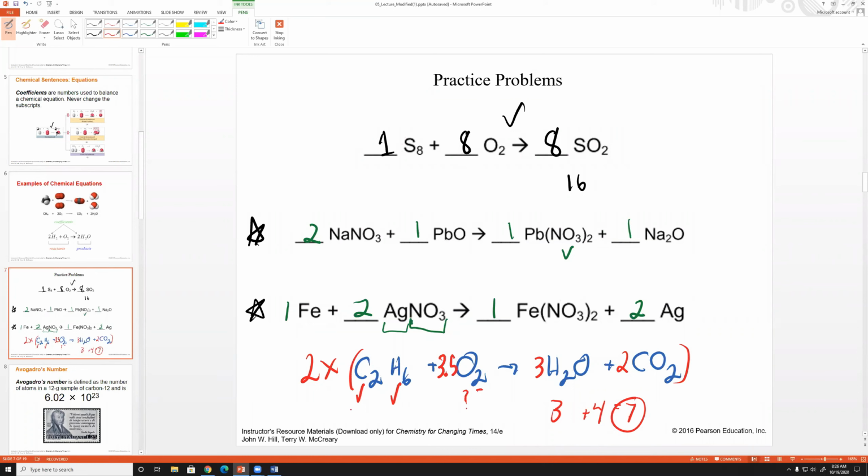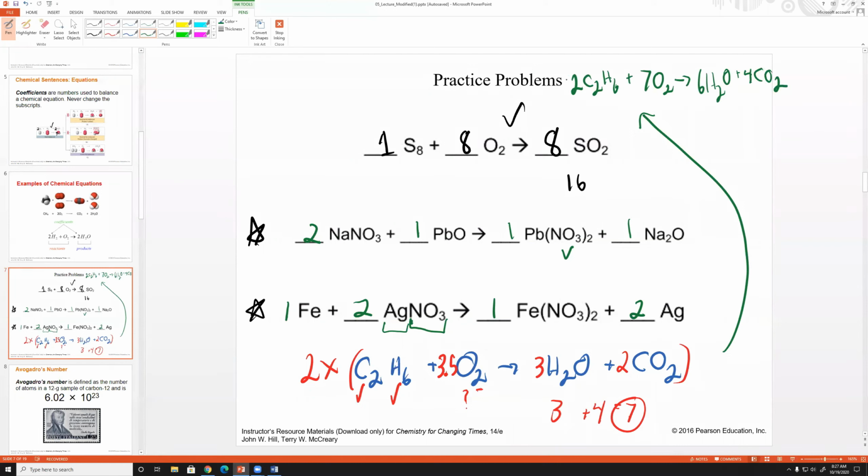So the correct balanced equation, I'll write it in green up here, would be 2C2H6 plus, since you're multiplying every coefficient by 2, this would now become 7O2 yields 6H2O plus 4CO2. Ta-da, all done. All right, does that make sense?